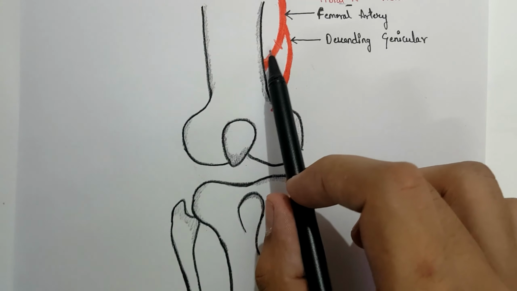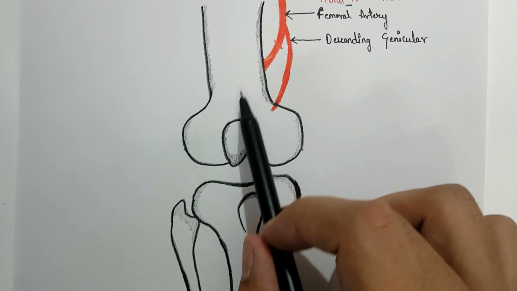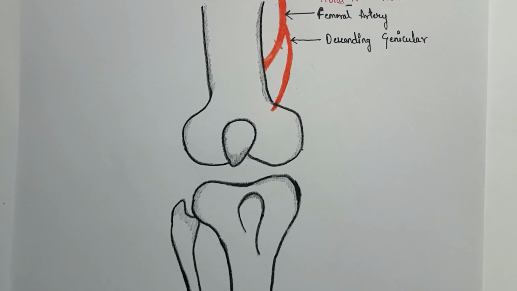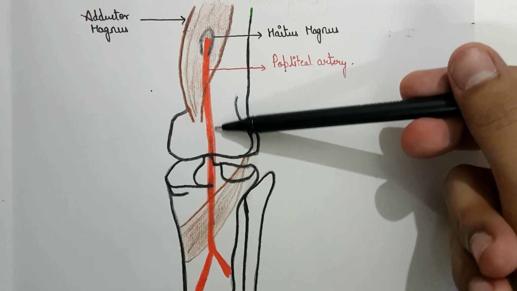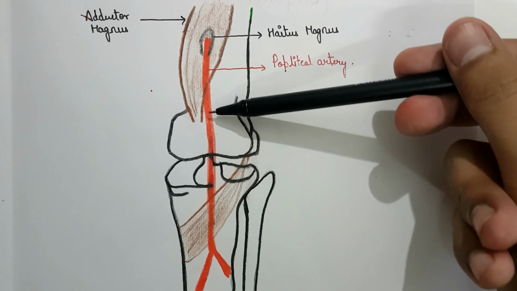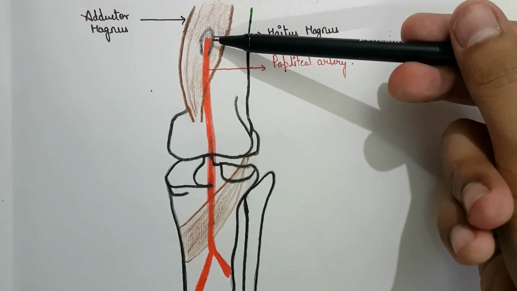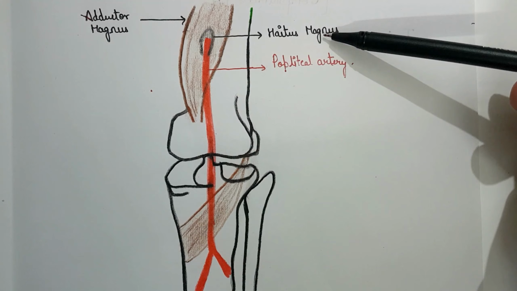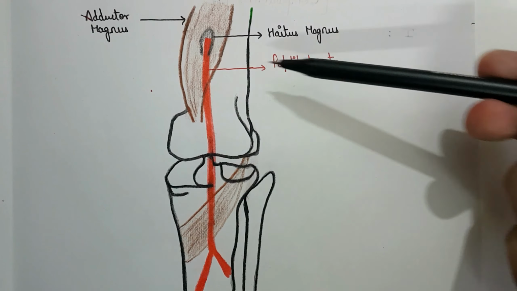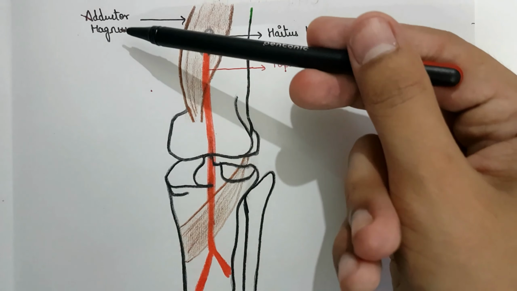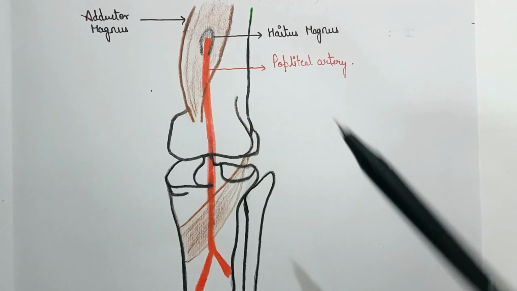Now this popliteal artery enters the posterior aspect of the knee joint. In this diagram, you can easily see that the popliteal artery enters into the posterior aspect of the knee joint. This is the pore known as the hiatus magnus, after which the femoral artery becomes the popliteal artery, and this is that muscle known as the adductor magnus.